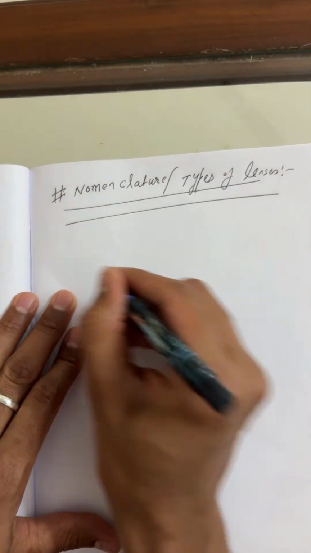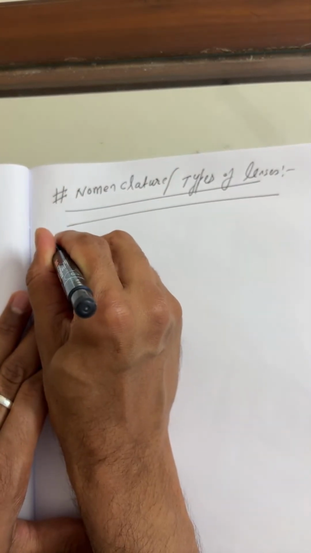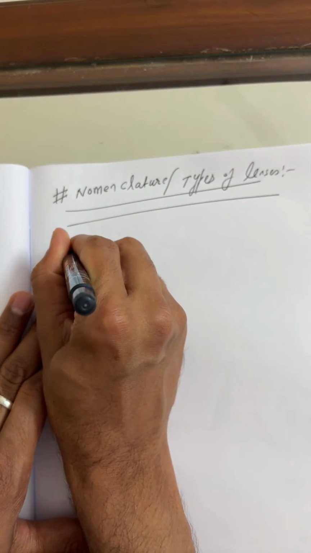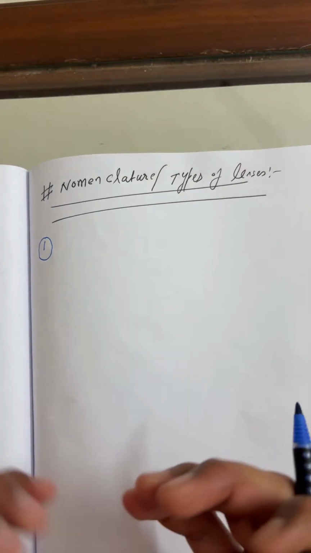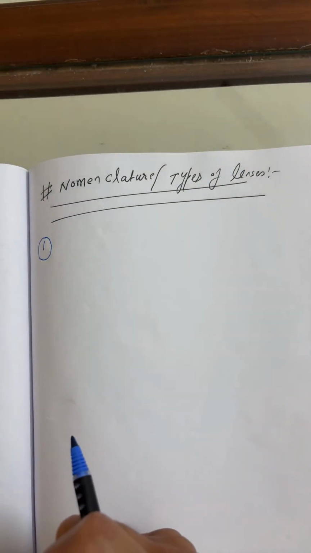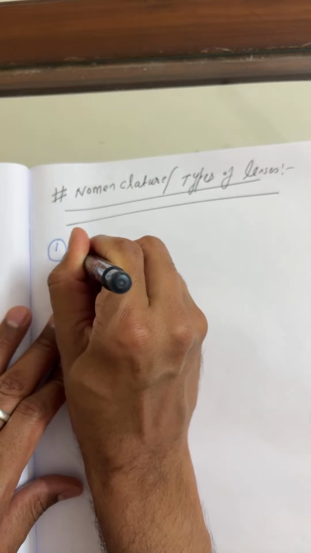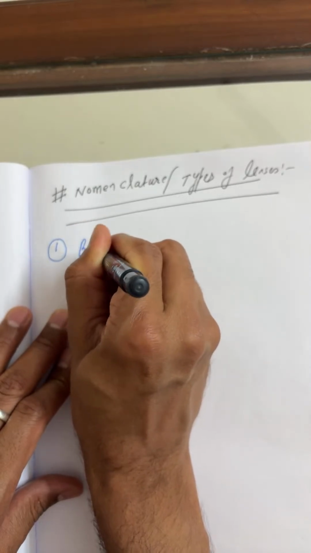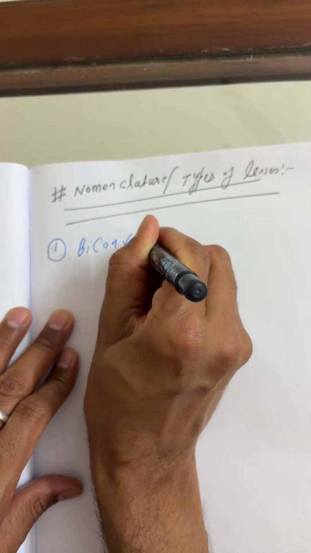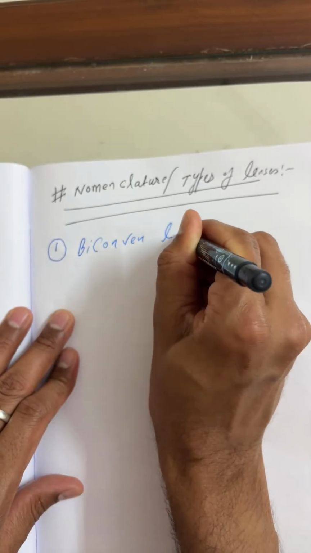Generally, in the paper or the examination hall, they will not say convex lens. Rarely will they mention convex lens and concave lens. They will generally mention biconvex lens.